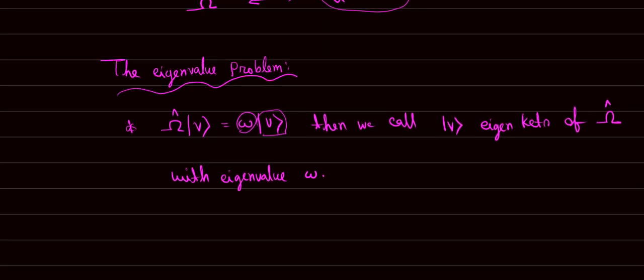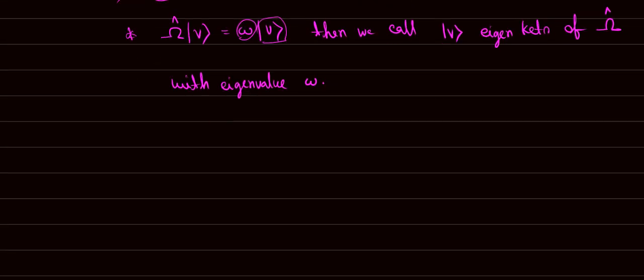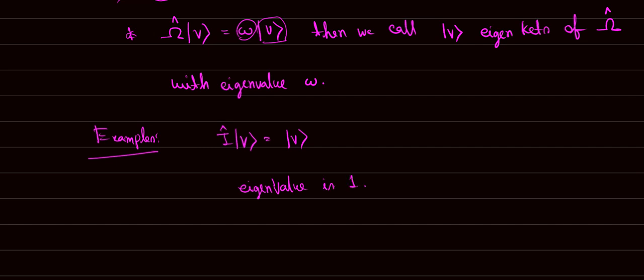So what are some examples of eigenvalues or eigenkets? First, the identity operator. For any vector, the eigenvalue is 1. Any vector follows this rule.